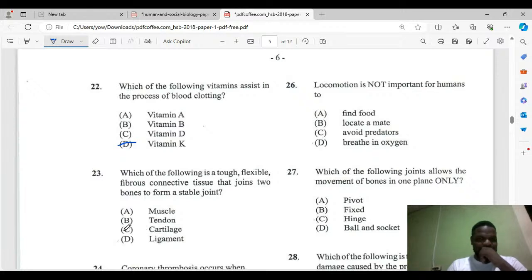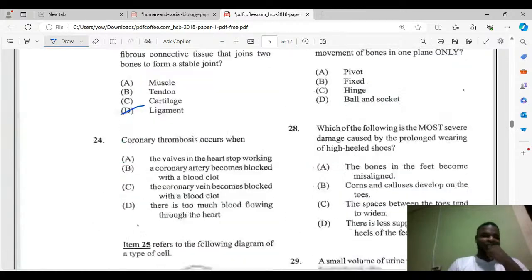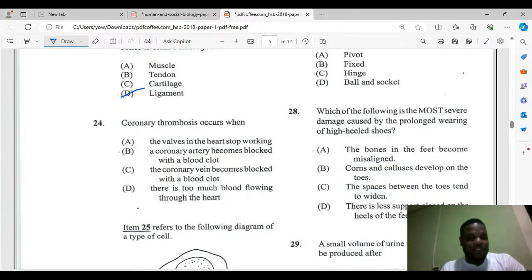So this would be D. All right, let's move on. Coronary thrombosis occurs when what?